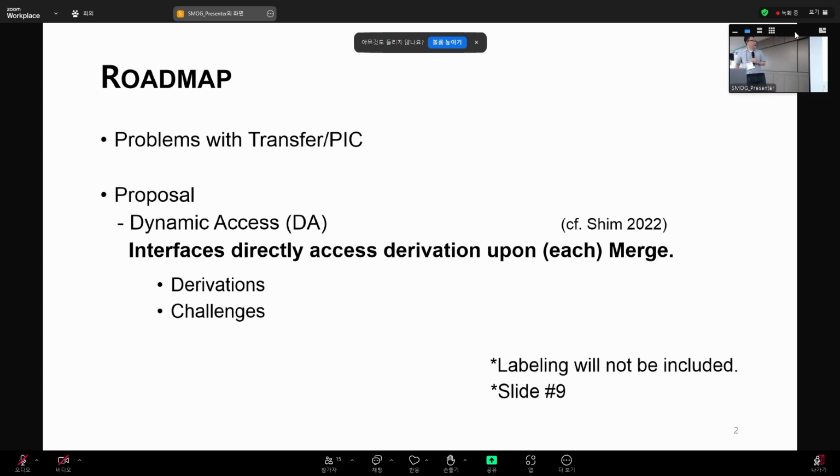And then I will conclude the presentation with some sample derivations in my DA model, and then with some conceptual and empirical challenges to my model. And one more thing, if we happen to be running out of time, I'll skip one or two slides that are relatively less important.